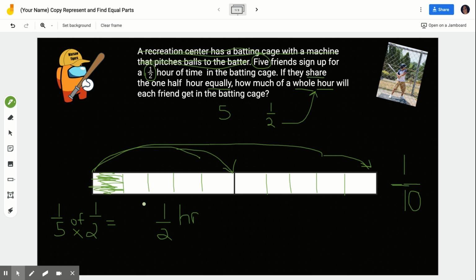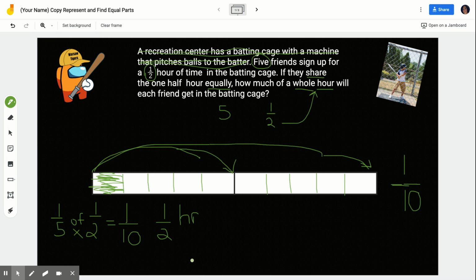And if we were solving it as an algorithm, even though we used division to create our model, we can use the words to make a computation sentence. So 1/5 of 1/2 is 1 times 1 and 5 times 2. And we end up with the same answer.